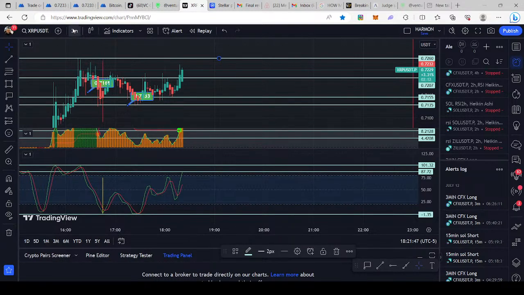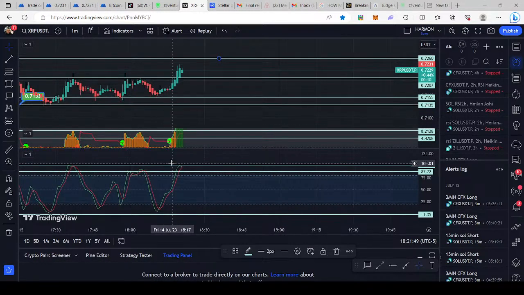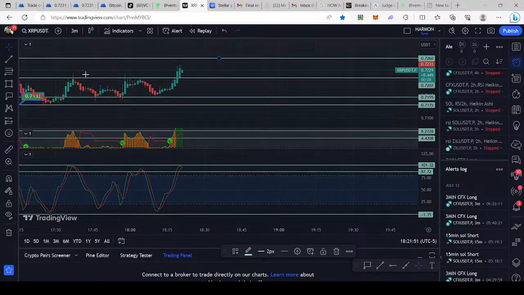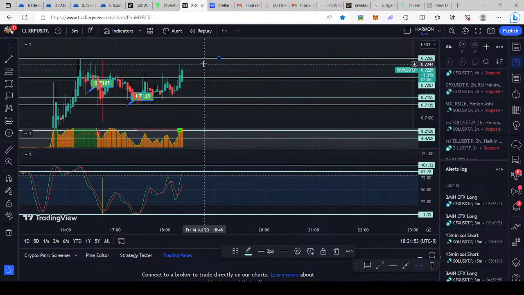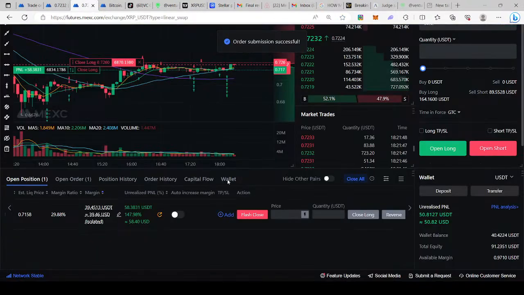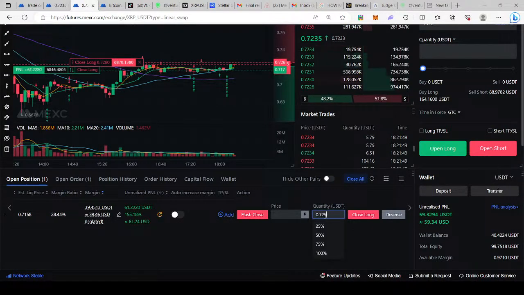Let's see what the 1 minute is. The 1 minute is starting to bend down, which means we'll have this last push. Maybe I'll slide in a 0.7250. I guess I can do 50% there. I just feel like it's gonna pass that, man.